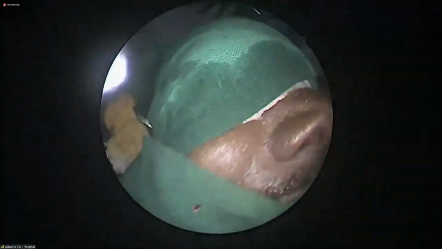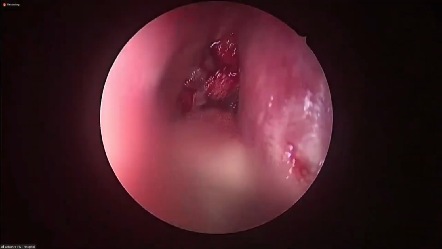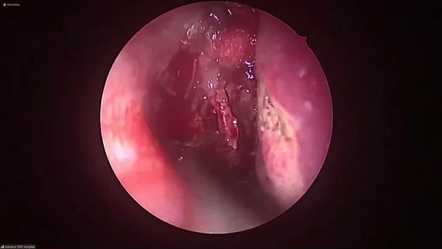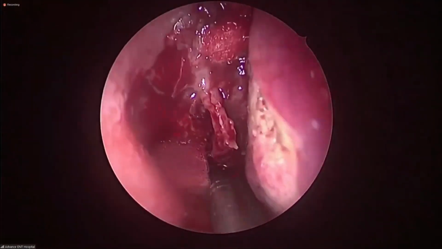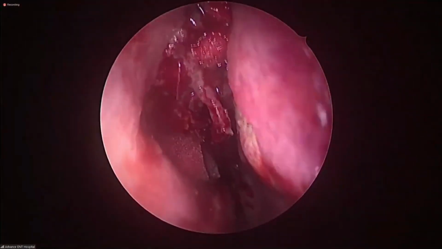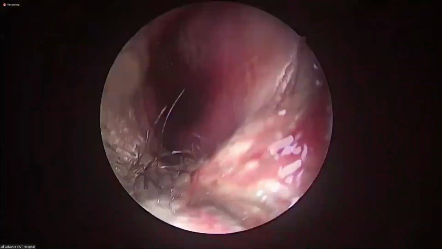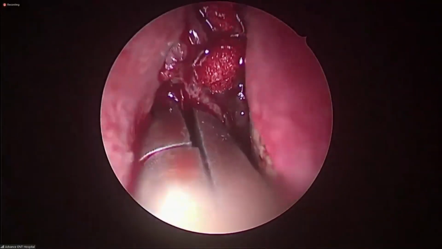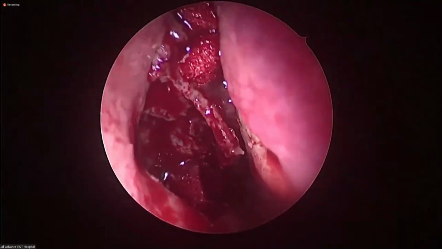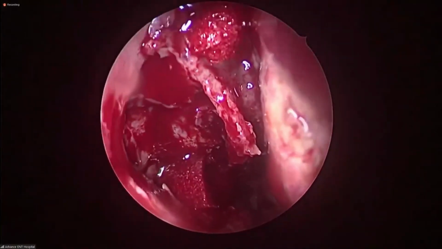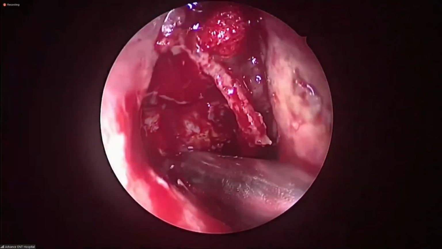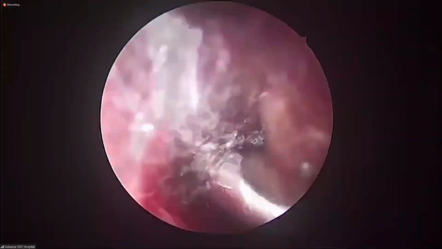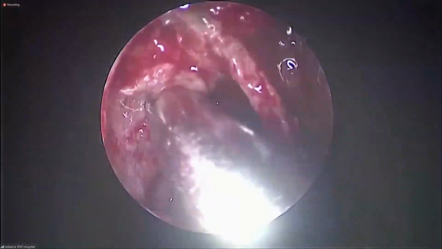Yes, sir. It's the wide end. See, by means of using Merocel packs and all these measures I am using for the hemostasis, at the end of the surgery, you will see the same picture. Yes, sir.